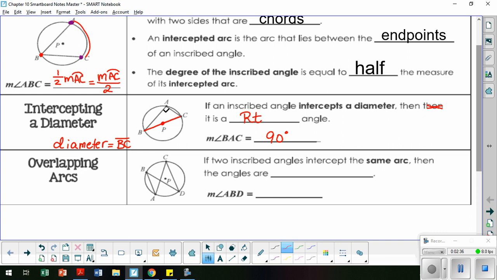For overlapping arcs, you can see that this angle right there cuts off that arc, and then this angle cuts off the exact same arc.